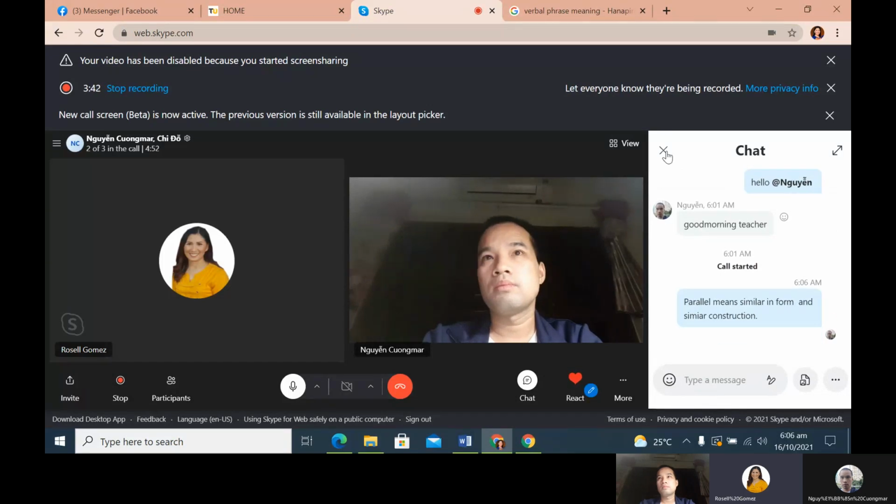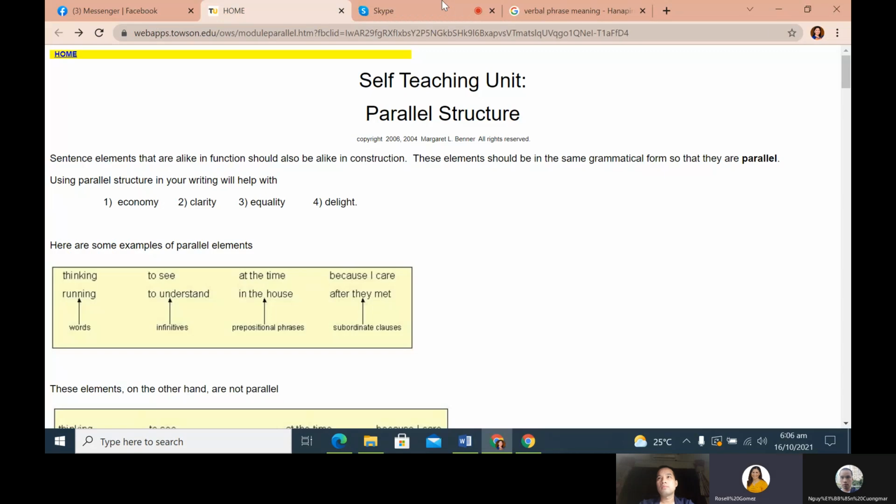Let's go back to the example. Here we have one, two, three, four pairs of words. In the first pair, this is an example of a gerund: thinking and running. Now what is a gerund? A gerund means a verb used as a noun in a sentence.